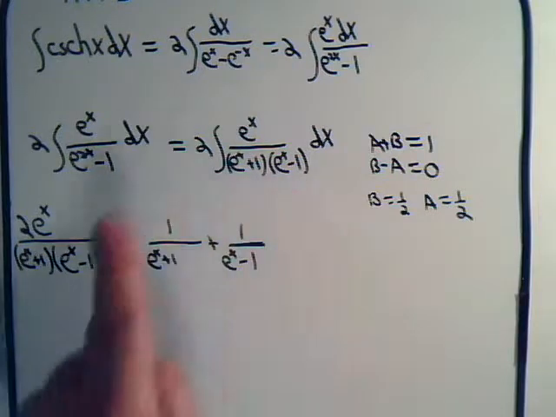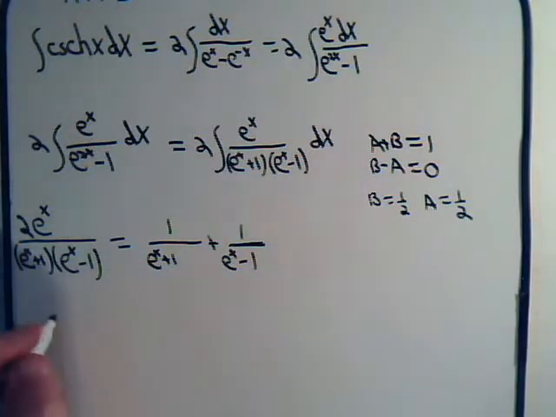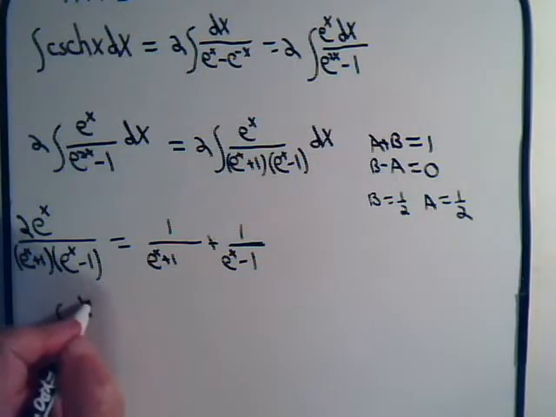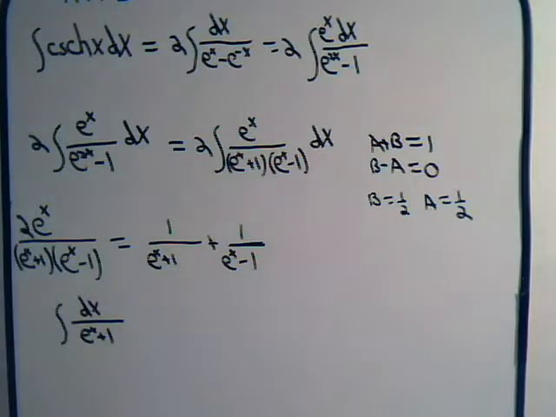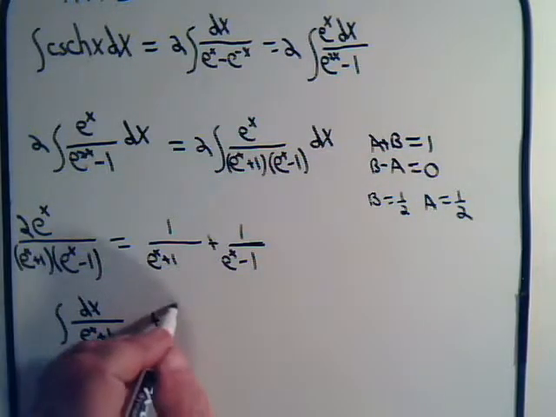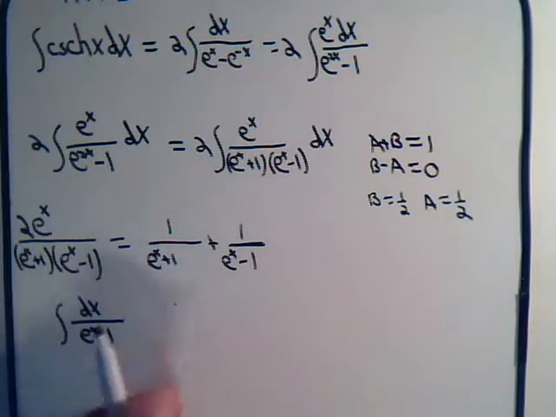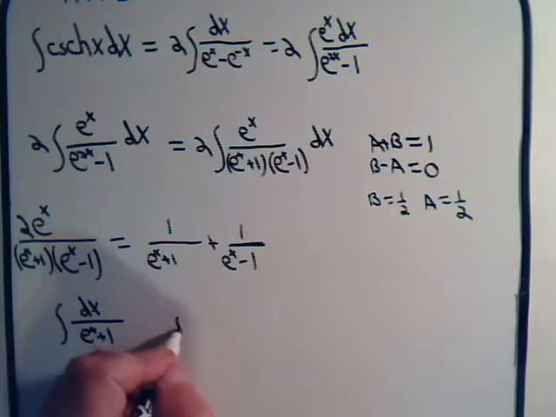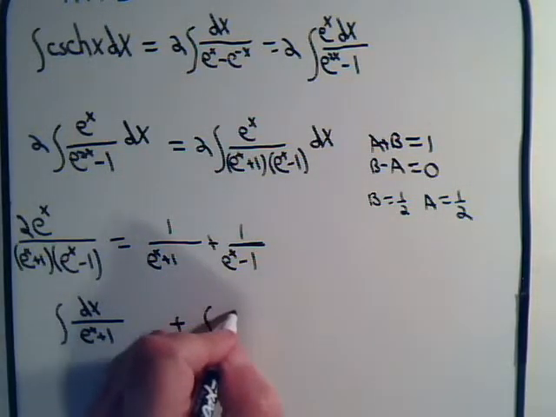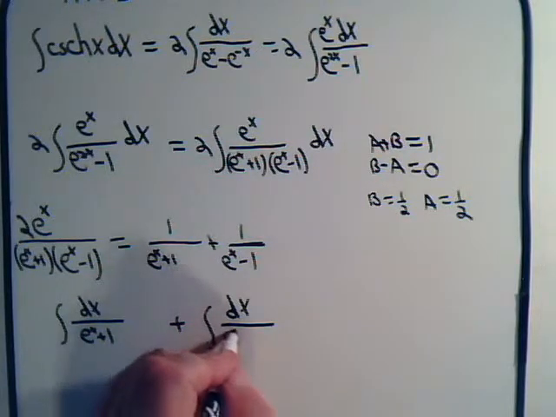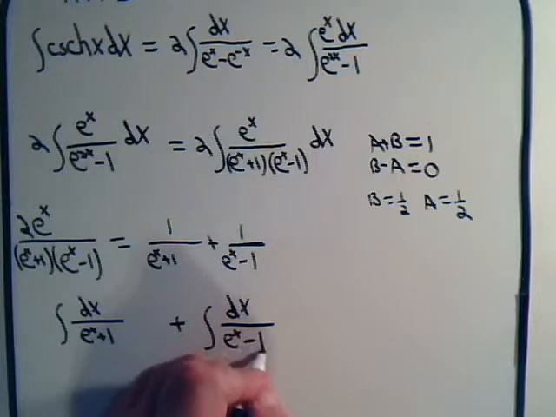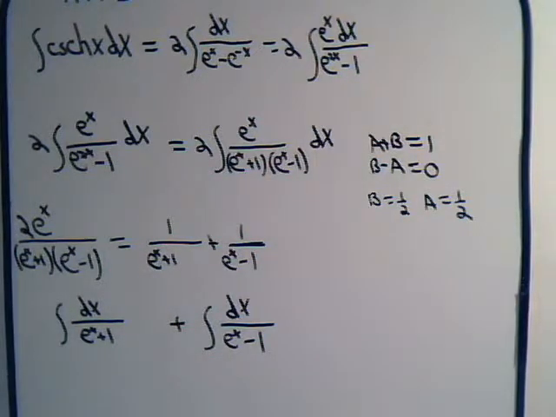This integral here is now going to be the integral of dx divided by e to the x plus 1 plus the integral of dx over e to the x minus 1.